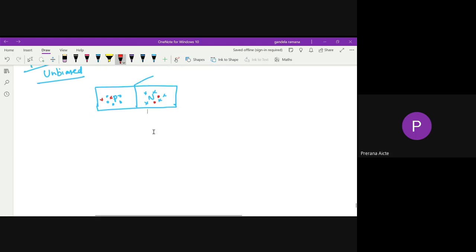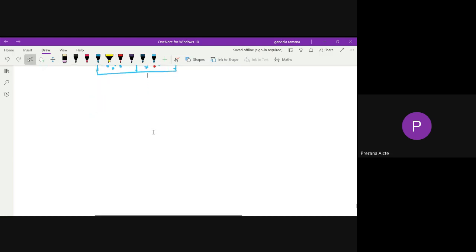So what happens when we dope the semiconductor material? Immediately it forms the junction. Here this is P type and this one is N type.